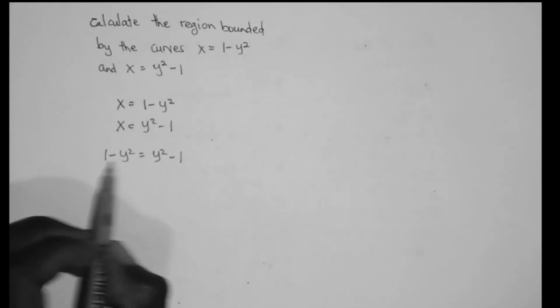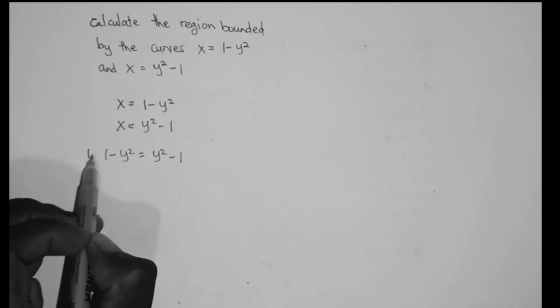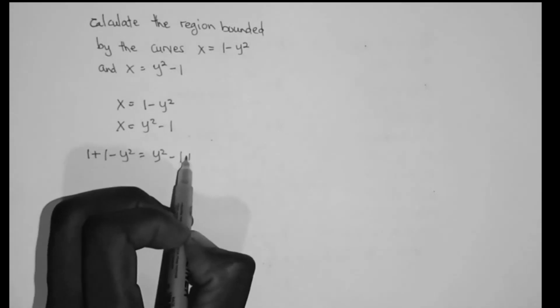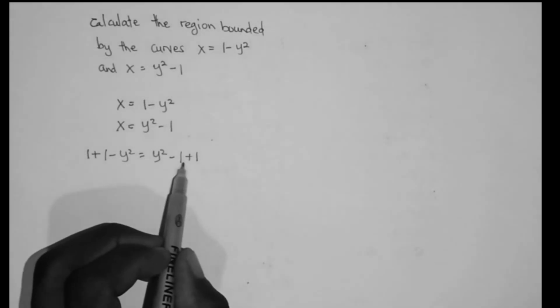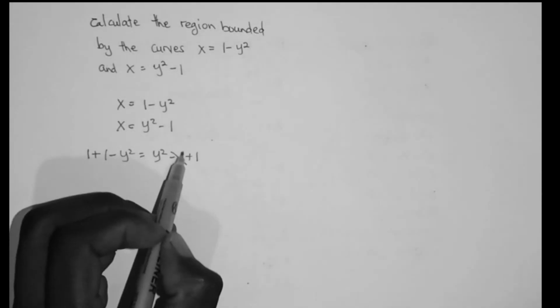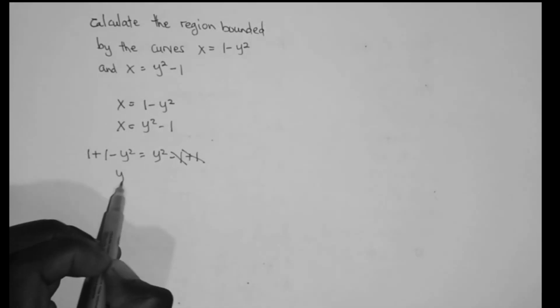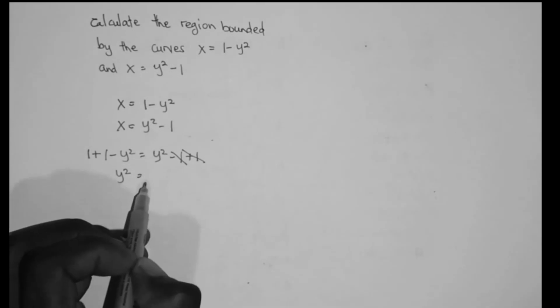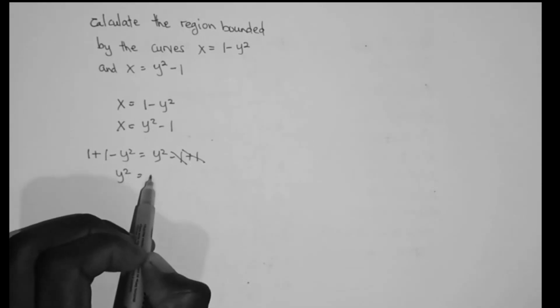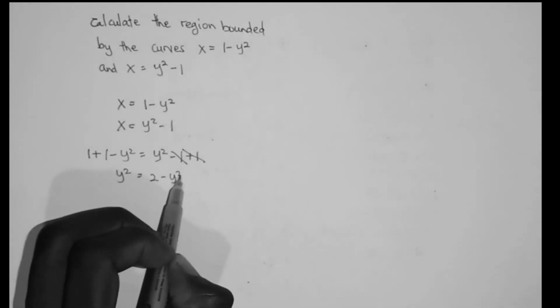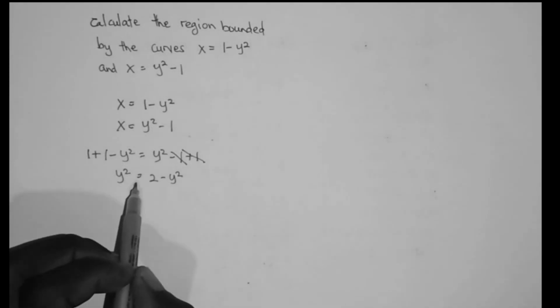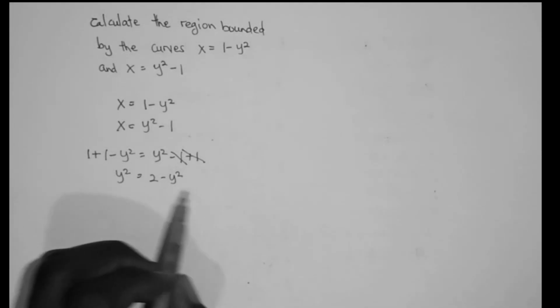So let's add 1 to both sides of the equation. So 1 plus 1, then plus 1, so that at the end of the day minus 1 plus 1 can cancel out, and therefore we have 1 plus 1 is 2, so 2 minus y squared equals y squared. So let's subtract y squared from both sides.